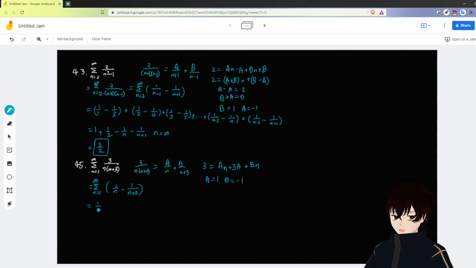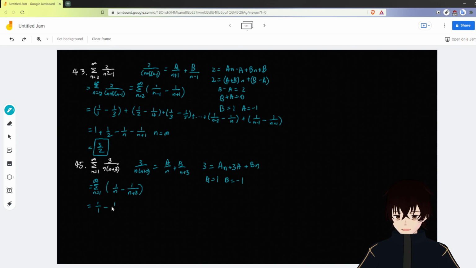it starts at 1, right? Starts at 1. 1 minus 1/4 plus 1 over 2 minus... Wait, I think I already know the trick to this. The difference is 3.